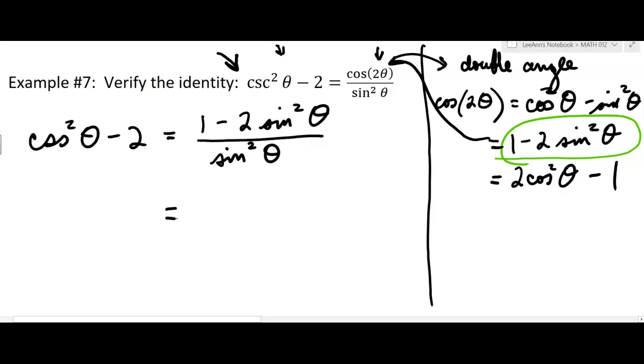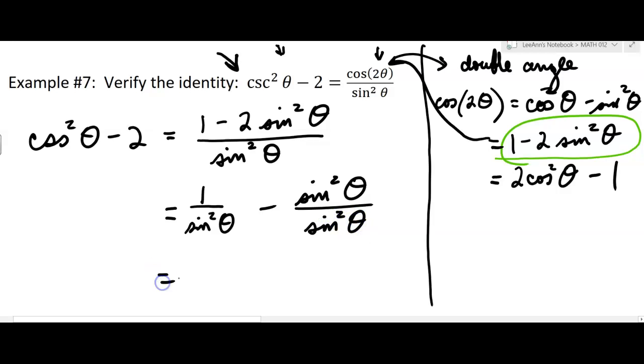Okay, so this is cool because I only have one term. It's squared, but that's okay. I have one term in the denominator. I don't have any adding or subtracting in the denominator. So I can split up my subtraction and make it 1 over sine squared theta minus 2 sine squared theta over sine squared theta.